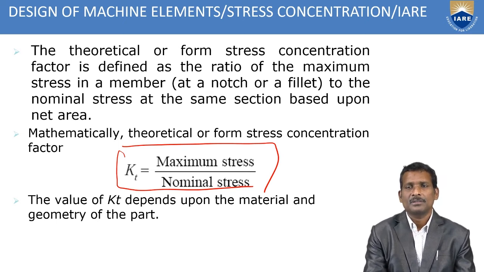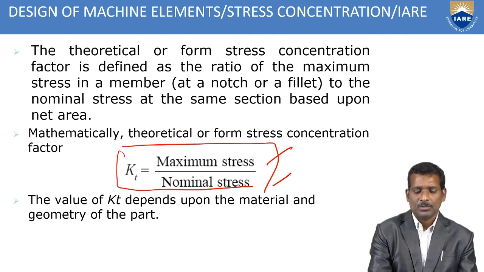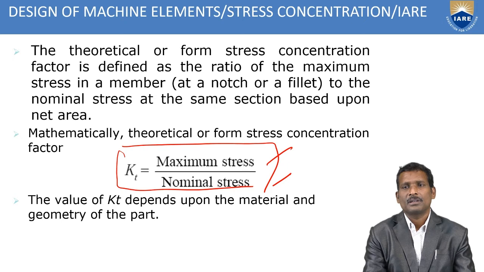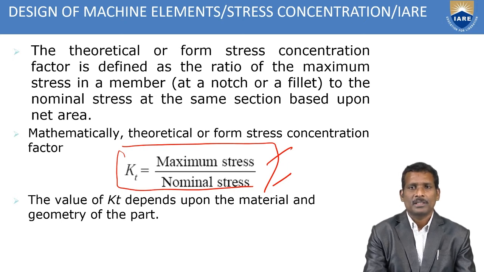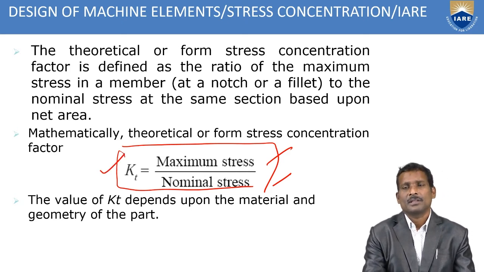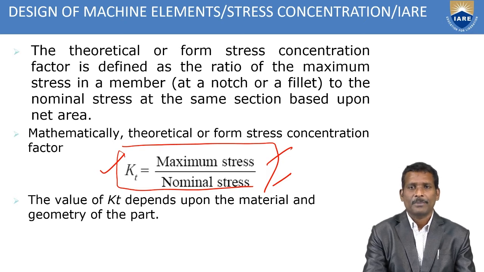So it is the ratio of maximum stress to the nominal stress. The nominal stress you can calculate directly by using empirical relations, and then the maximum stress you have to calculate by using this theoretical stress concentration factor.